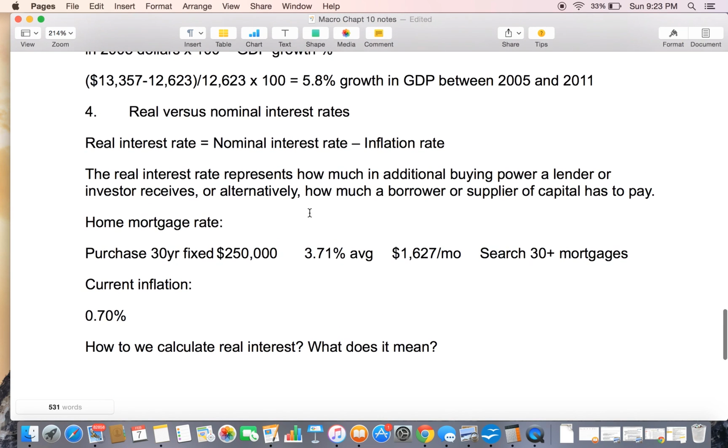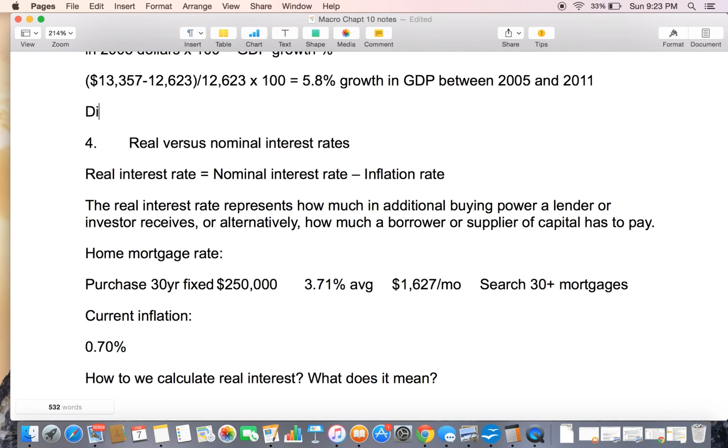So the next thing we're going to talk about, which is actually a pretty straightforward concept, is going to be real versus nominal interest rates. Now, I know GDP growth, real versus nominal, might be a little bit confusing. But again, all we're doing is disaggregating price changes from actual productivity growth, right?